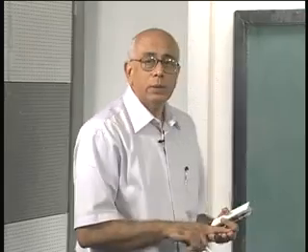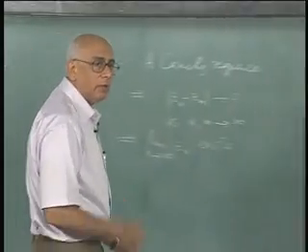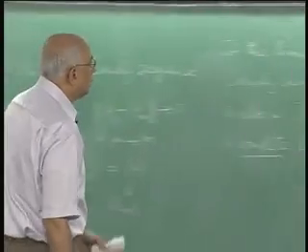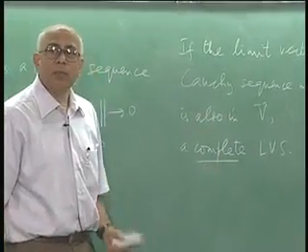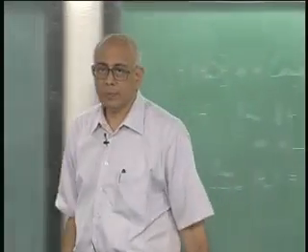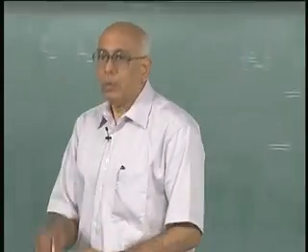On the other hand, in the case of infinite dimensional spaces, you have to specifically make this requirement that the limit point of every Cauchy sequence remain in the space, in the linear vector space, because we are going to have operations with infinite dimensional spaces, we need this. If this is so, then the linear vector space is said to be a complete linear vector space. And in quantum mechanics we are going to use all the time complete linear vector spaces.